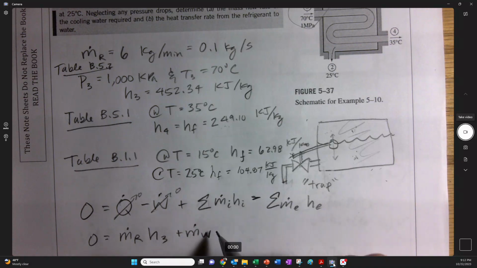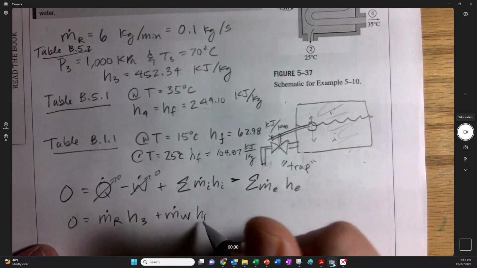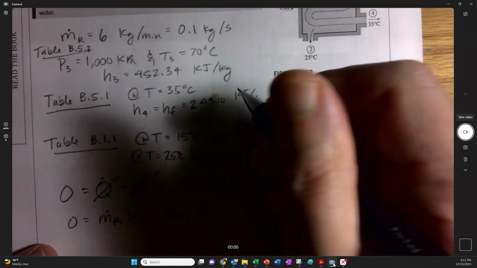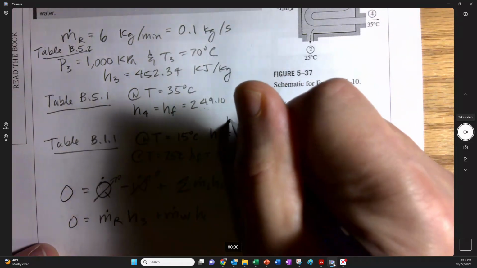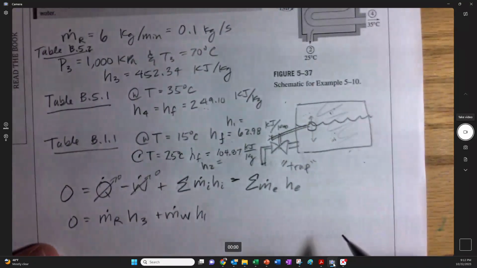I just want water this time. That's 1 coming in, so H1. I should have labeled these right here. This was equal to H1. I think this was H2.